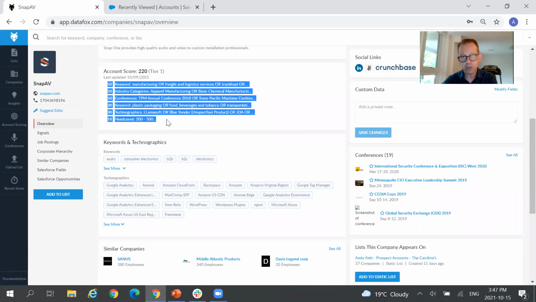They attend conferences that other companies that we've sold to attend. There are various systems that they run their business on that our other customers use. In this instance, transportation management systems like LlamaSoft or Blue Yonder. They have a specific headcount. Again, this account score is customizable by your organization.